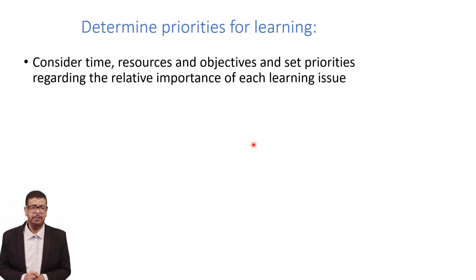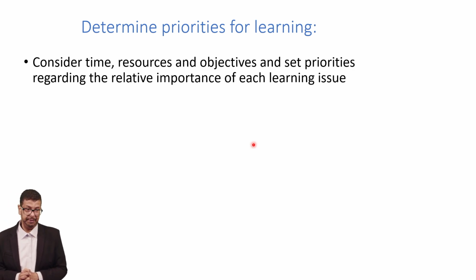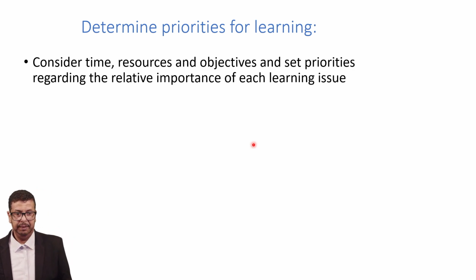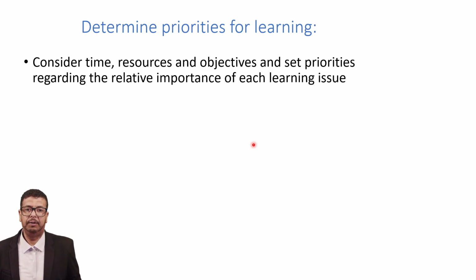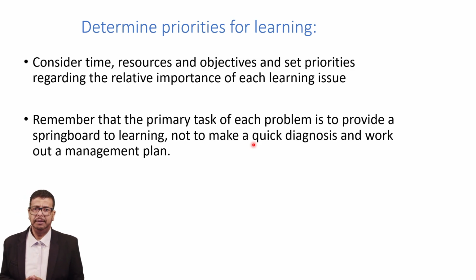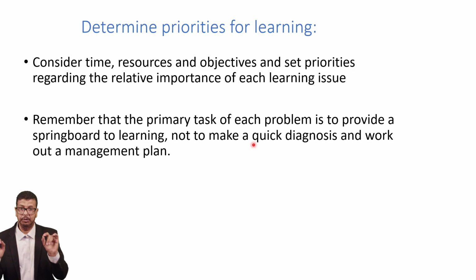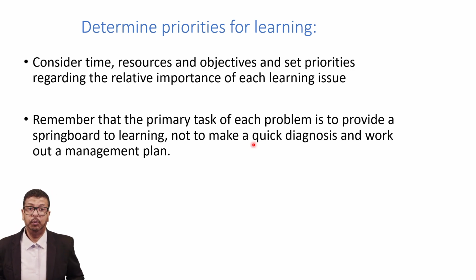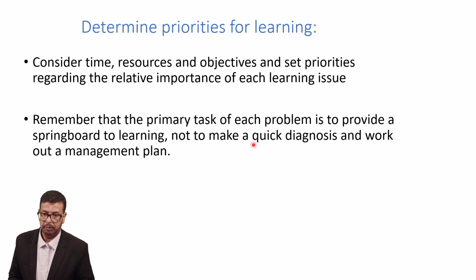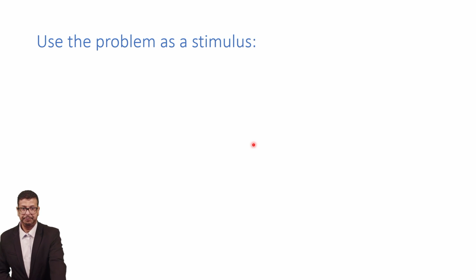It's very important to consider time, resources, and objectives, and set priorities regarding the relative importance of each learning issue. And you should remember that the primary task of each problem is to provide a signpost to learning, not to make a quick diagnosis or work out a management plan.